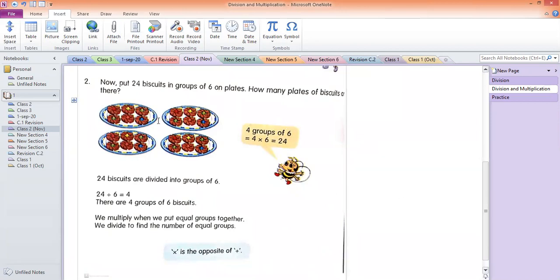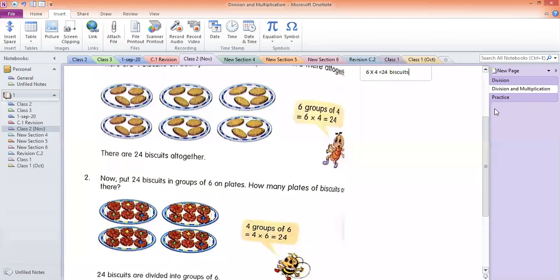So if I put 6 biscuits on each plate, counting 1, 2, 3, up to 24, in 4 plates my biscuits will be finished.